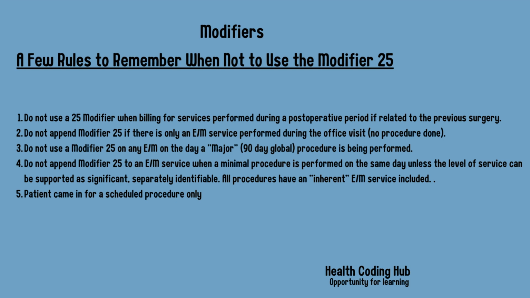A 90 days global period is considered a major surgery. At that time we need to assign modifier 57, which we will discuss in our next video. For major surgeries, we should not use modifier 25.